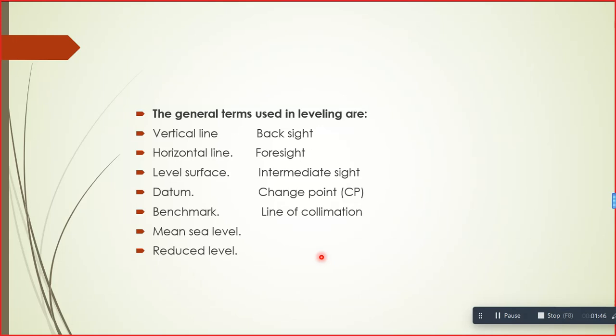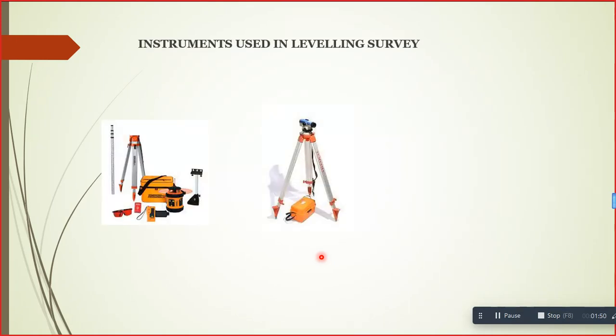I'm displaying it on the screen. So there are the instruments there. You can check on them. There is a dumpy level, there is a staff, and there are goggles. As you can see, when you are leveling on the survey site, you have to wear the goggles. You have to put on the safety measures, and I think you can see on the diagram below.